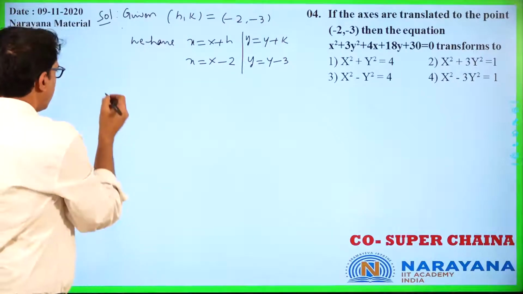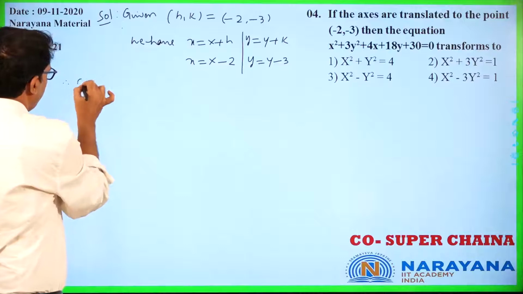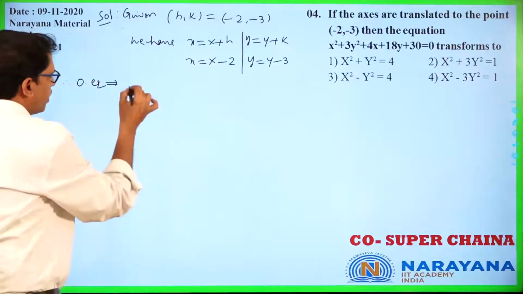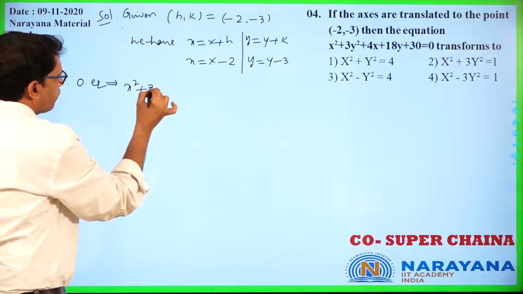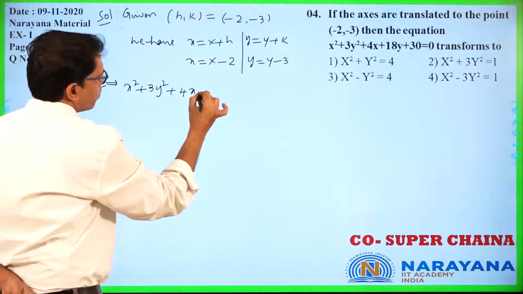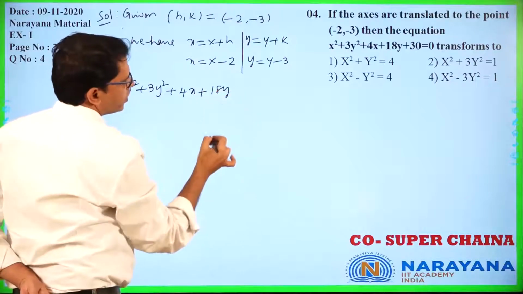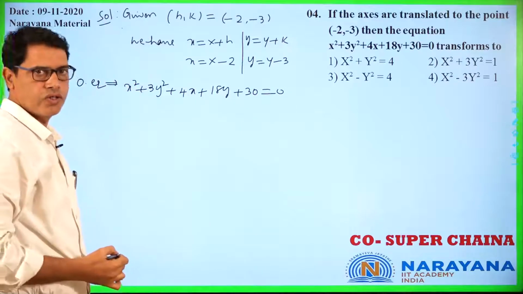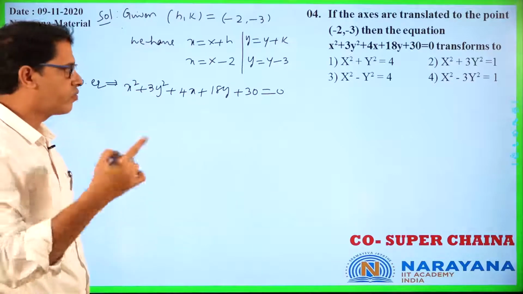So first write the original equation. What is the original equation? x square plus 3y square plus 4x plus 18y plus 30 equals 0.